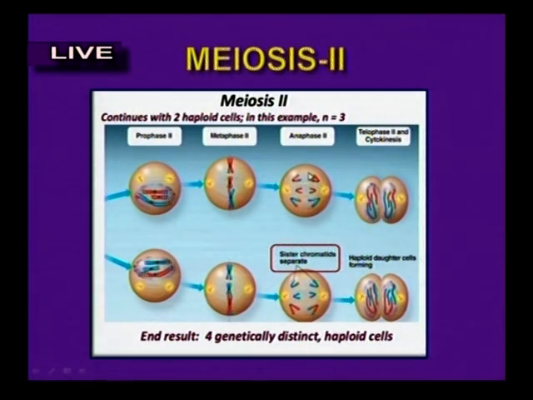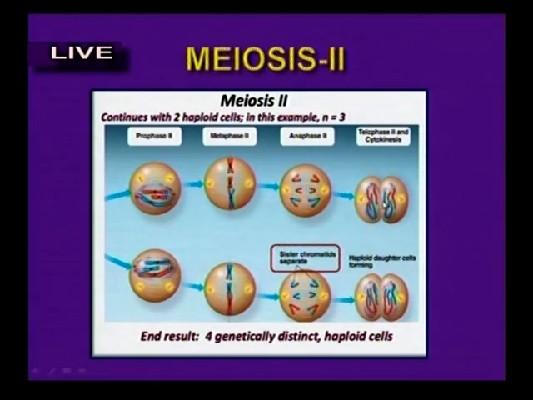Anaphase 2 is similar to anaphase 1. Here in anaphase 2 we can see that the chromosomes are separated and move to opposite directions, but they remain associated at the centromere.